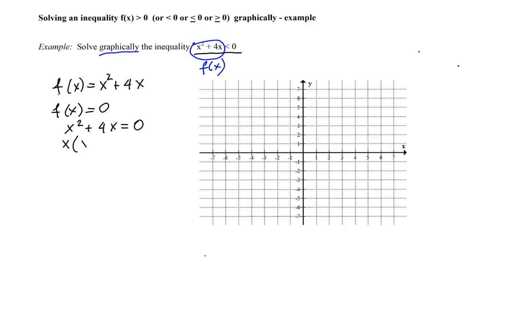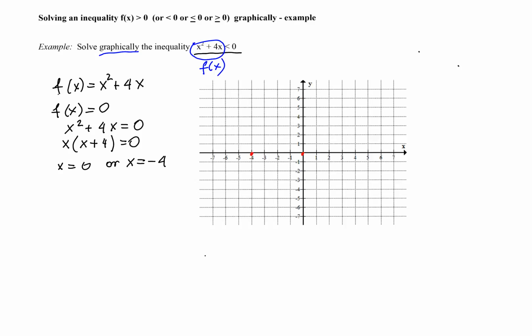Factoring out x gives me x times x plus 4 equals 0, and therefore x is 0 or x is equal to negative 4. So 0 and negative 4 are the x-intercepts.